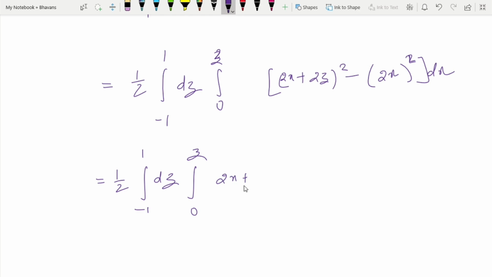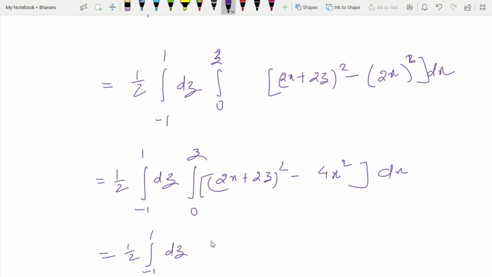Let it be 2x plus 2z squared minus 4x squared, then the integral dx. Let us go for this integration. Half integration -1 to 1 dz, that we are supposed to write at the end for this particular step.